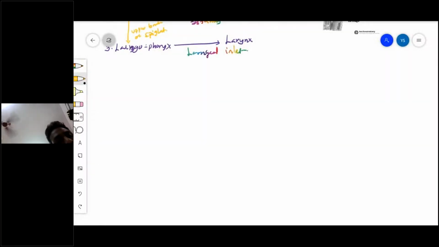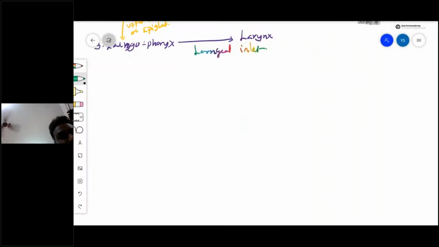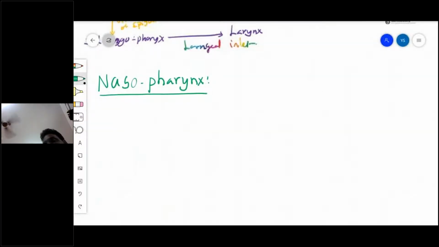So we can put the heading: first one is the nasopharynx. Okay. So first I try to show you the boundaries and features of the nasopharynx. Then after that we write the notes.